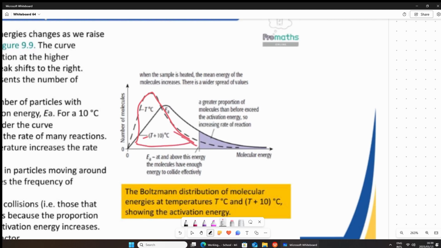That means that more particles have got less kinetic energy, less than the activation energy, because this is the activation energy.